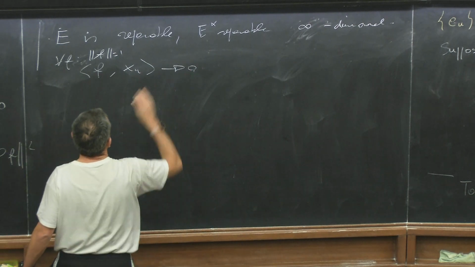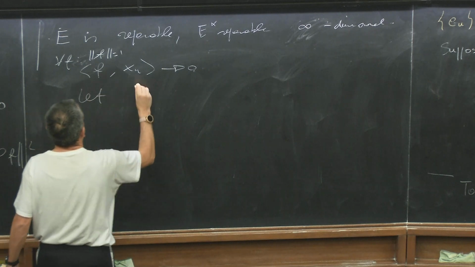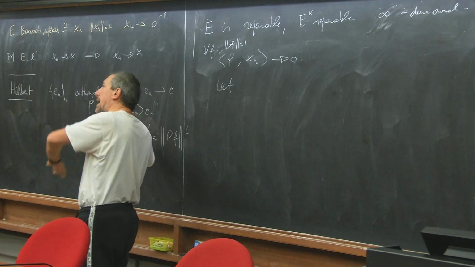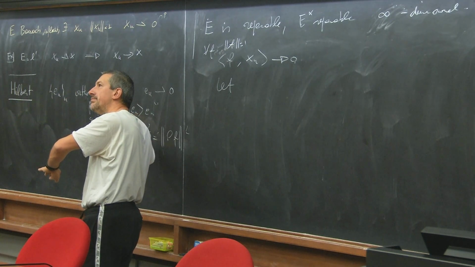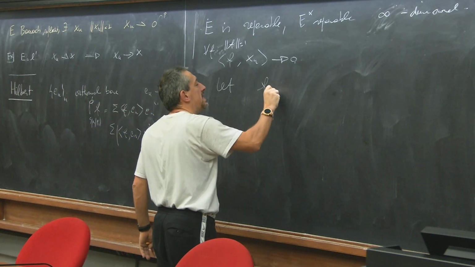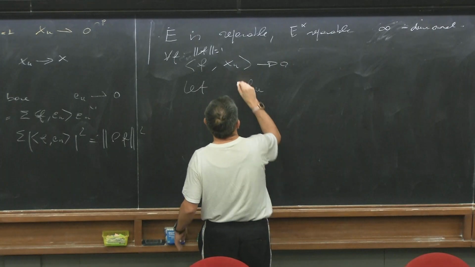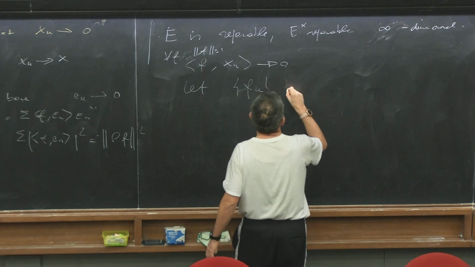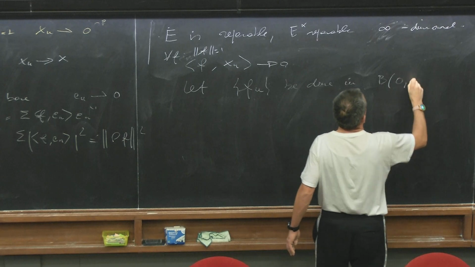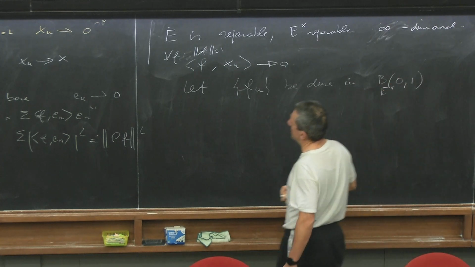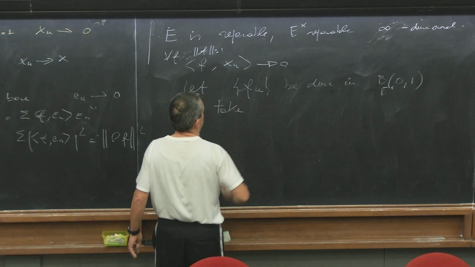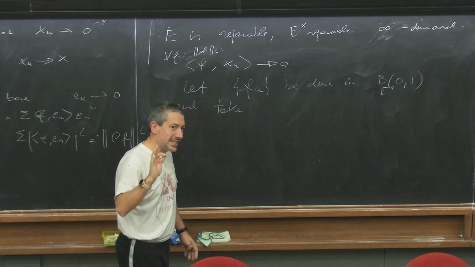Now since E star is separable, I just suggest it. If you remember, this is f scalar product with something, and I do the same. So let fn be dense in the unit ball. I just sketch it.